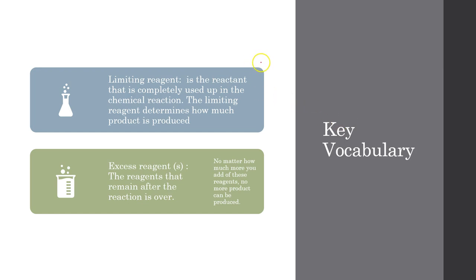So anytime I want to do calculations to work out the amount of product, I'm going to be using the limiting reagent. The excess reagent is the one that will have some left over after the reaction has gone as far as it can. It doesn't matter how much more of the excess reagent we add in, the reaction won't go any further. I can't make any more product if the limiting reactant has been used up.